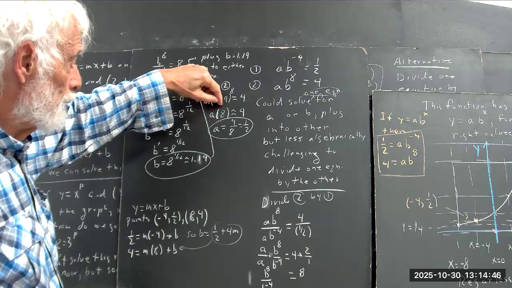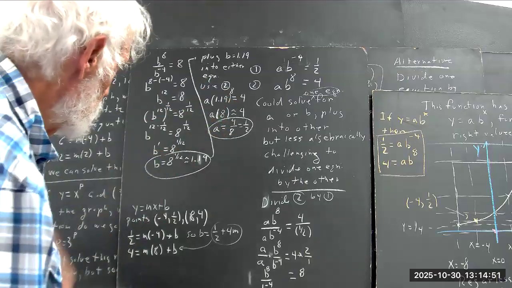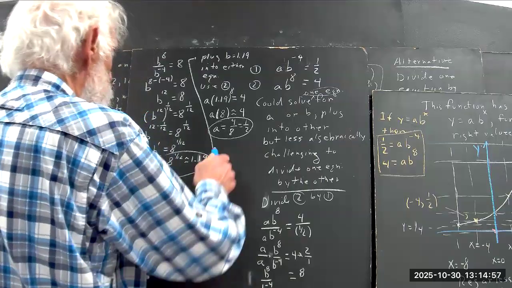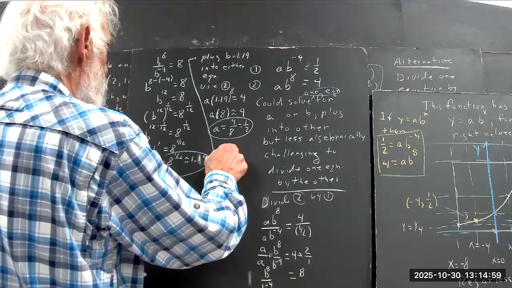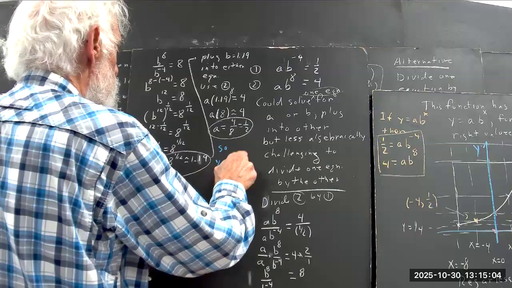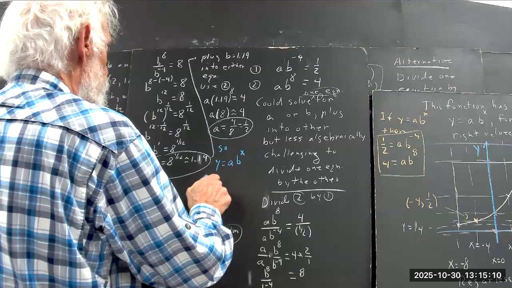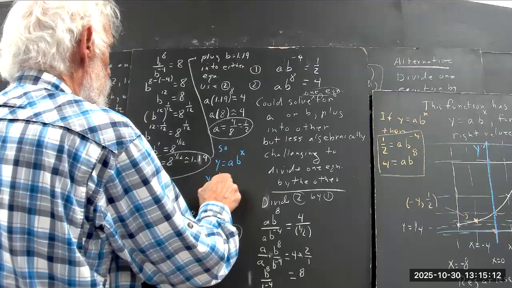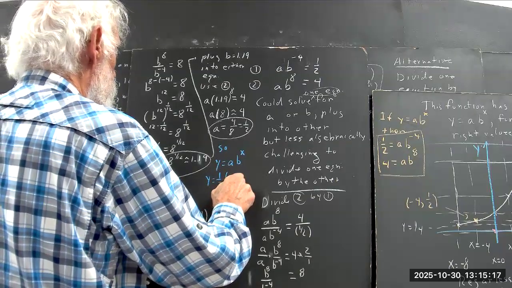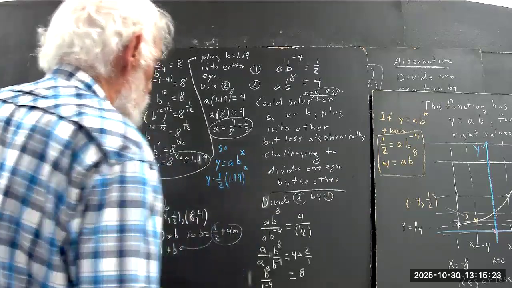It's approximately equal to 8, so 8 times a is 4, so a is 4 over 8, which is 1/2, which tells us that y equals ab to the x becomes y equals 1/2 times 1.19 to the x.